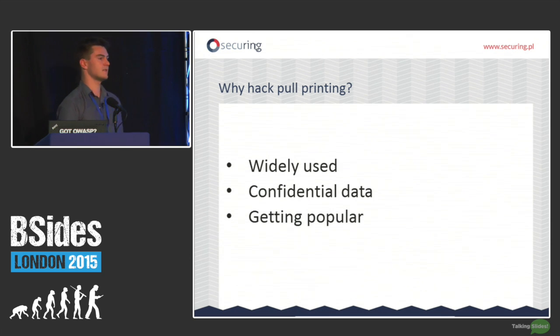Yeah, well, it's getting very popular right now, and actually the biggest risk in a pull printing solution is stealing confidential data, right? Like getting the print queue of a CEO.